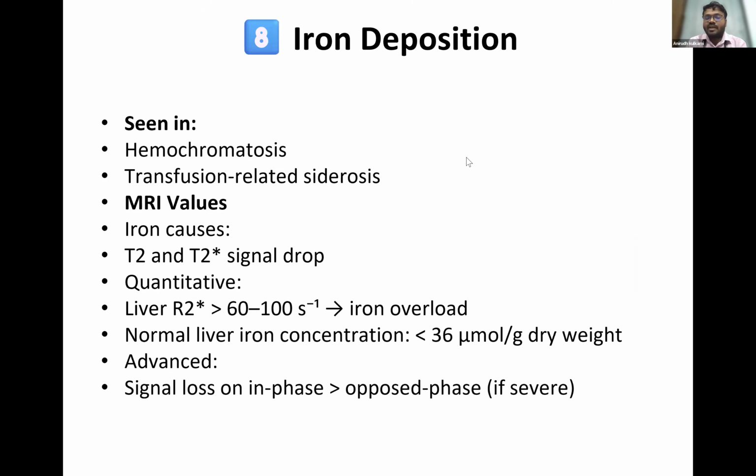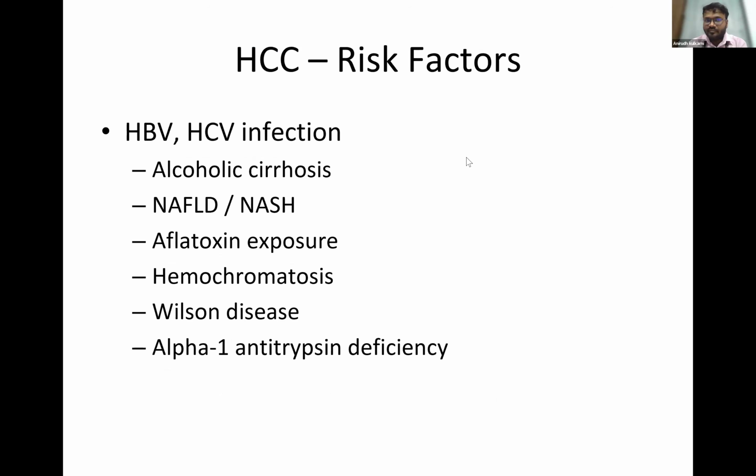Normal liver iron concentration is less than 36. This iron deposition quantification is a recent development. In cardiac MRI also they do it, in patients like hemochromatosis and transfusion related cirrhosis. This is a very important point: in T2 star and T2 there will be signal drop.